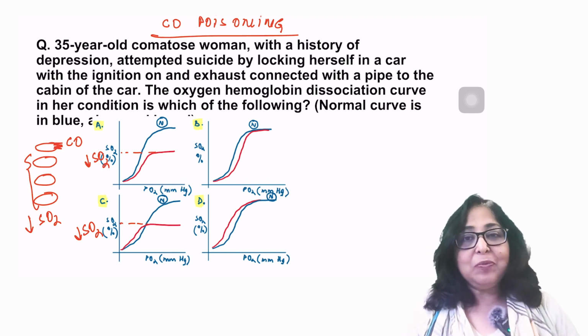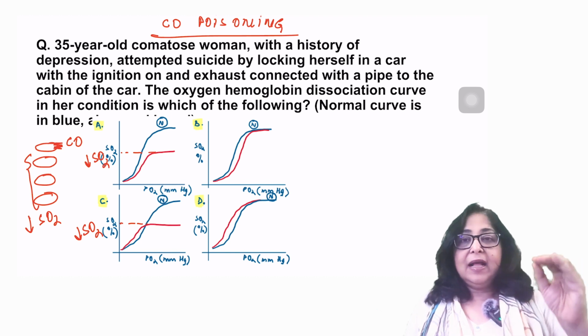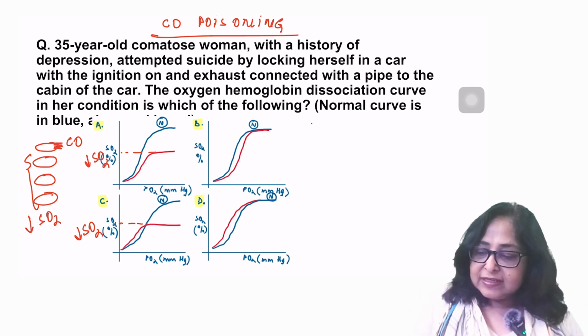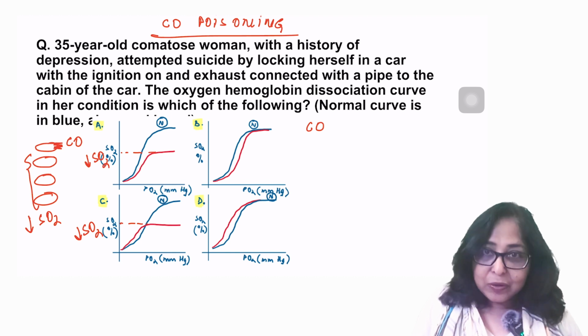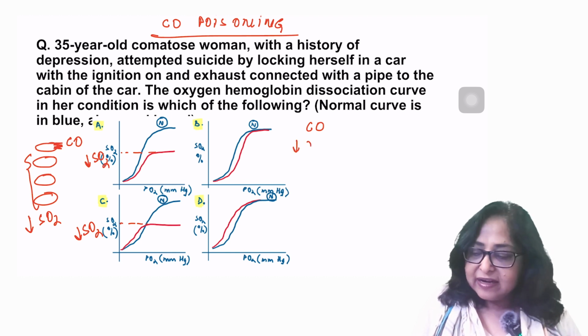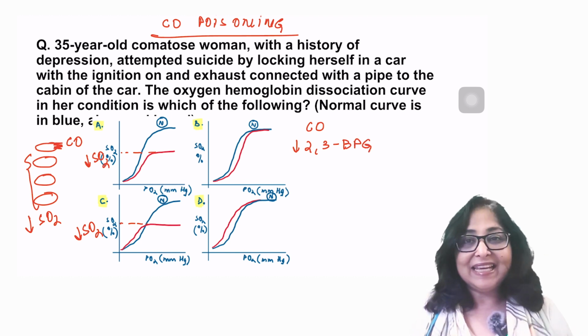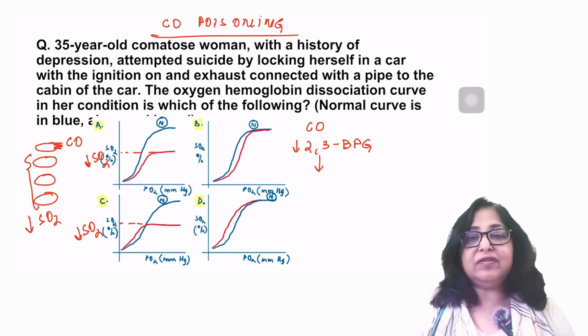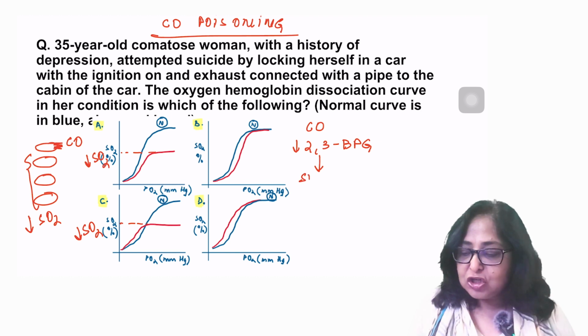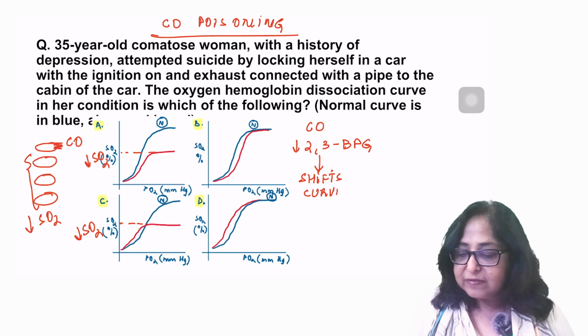Now, please see, carbon monoxide inhibits glycolysis and decreases 2,3-BPG. If there is a decrease in 2,3-BPG, this shifts the curve to the left.